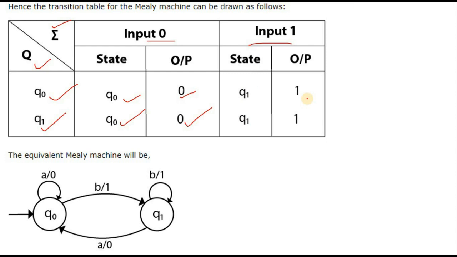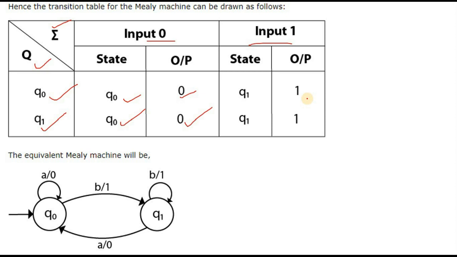So you just come to here. That means A is the input with output 0. Okay, and B is the input 1 with output 1.